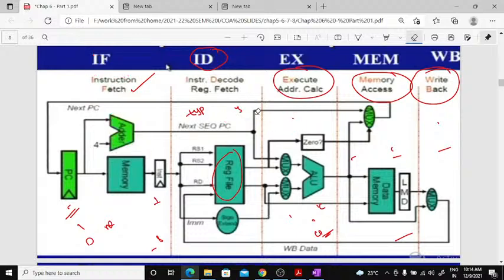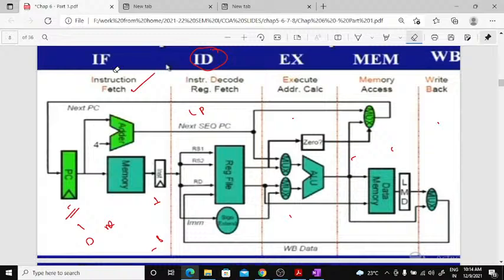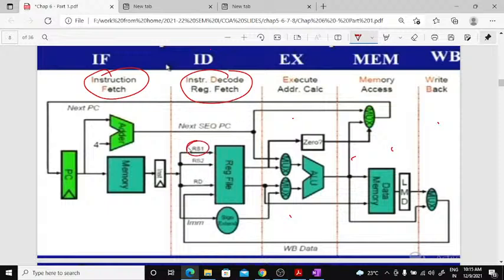In detail they are written here because, to overcome hazards, you need to understand what the stages are and how we perform the operations. There are 5 stages: instruction fetching, then instruction decode and register fetch, which contains a number of registers, such as source registers and destination registers.